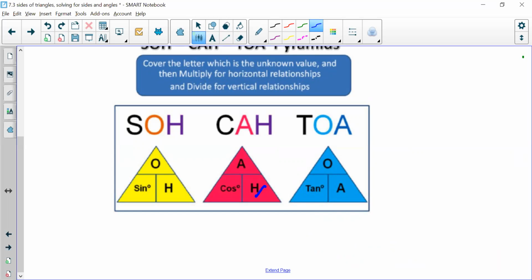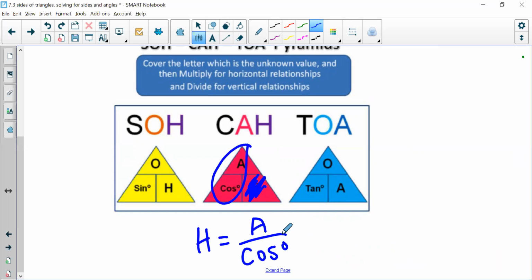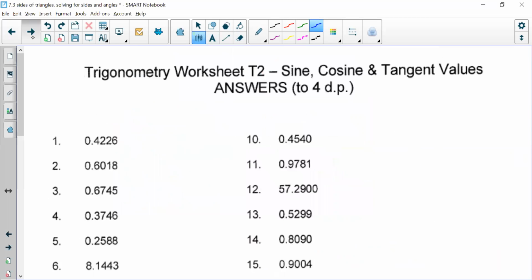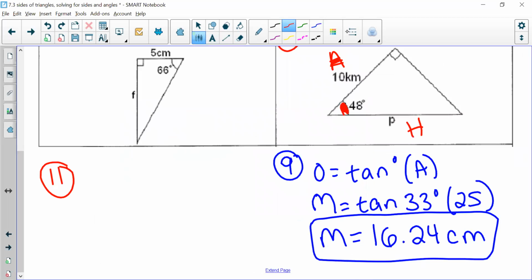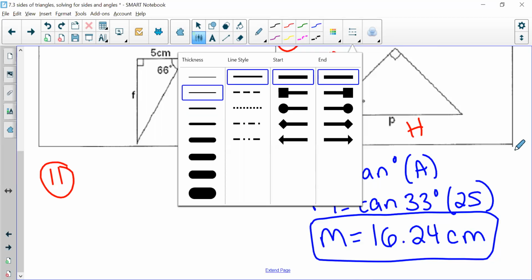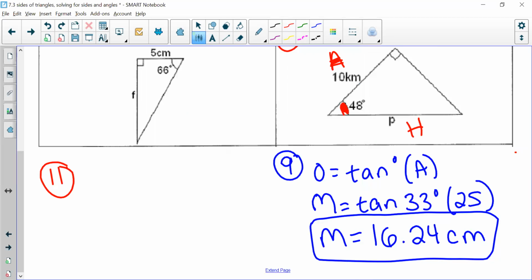H. So what am I going to do with A and cosine? Divide. Very good. A divided by cosine of my angle. So H equals A divided by cosine of my angle. So let me get back to number 11 here. So H is A divided by cosine of my angle.